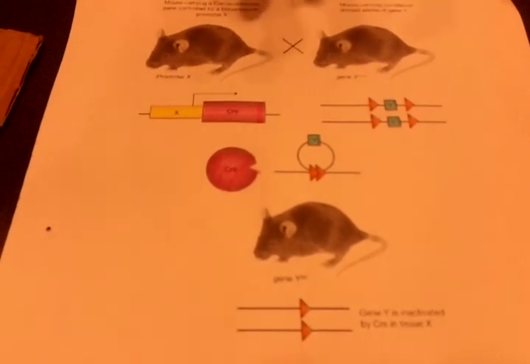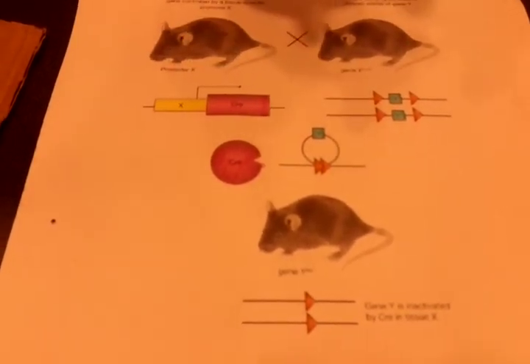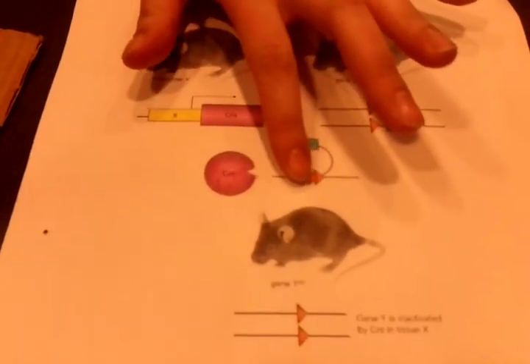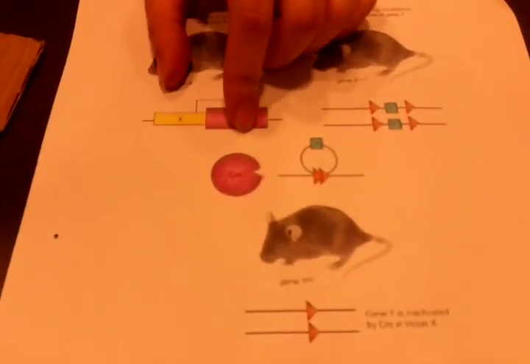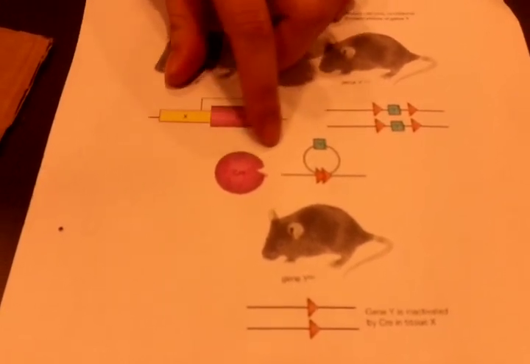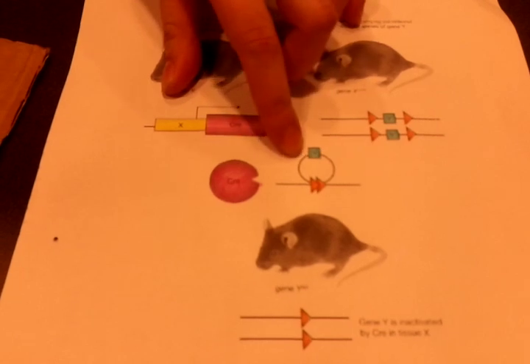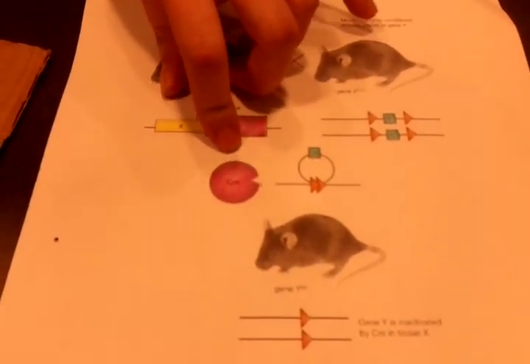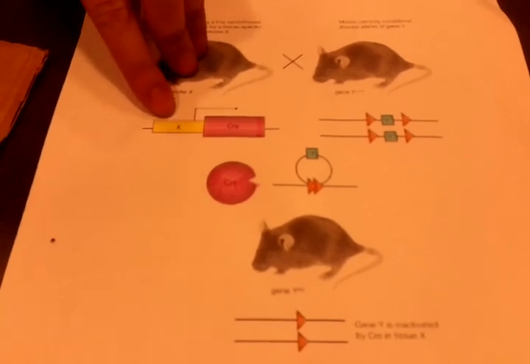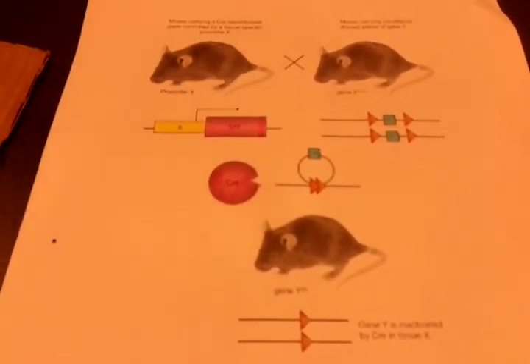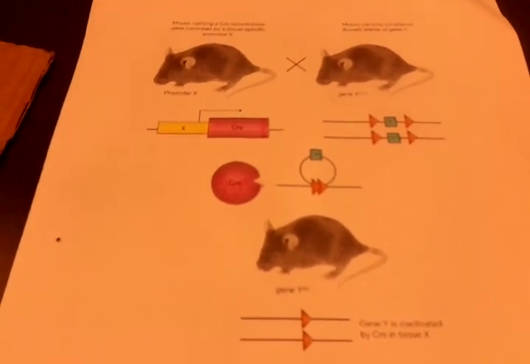So when you have your two transgenic mice, you cross them, and then you get a progeny mouse down here that has not only the Cre protein regulated by a specific promoter, but also your target gene with the two LOXP sites. As I said before, the Cre protein is regulated by a promoter that is either inducible or tissue dependent or time dependent.